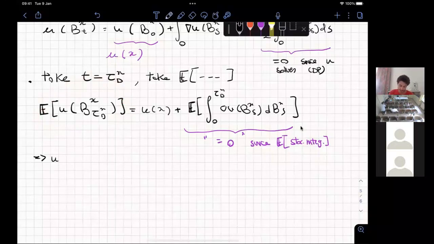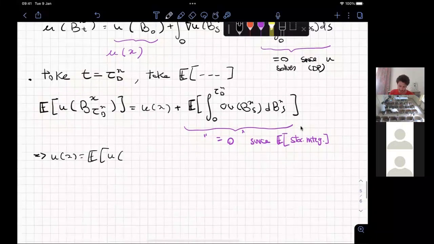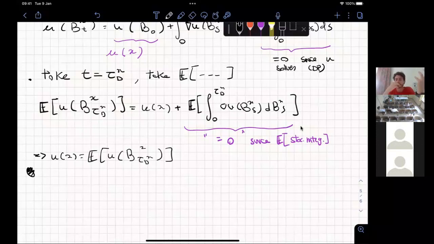So u(x) is equal to this expression here. This is cool, and this is what motivates us to look into solutions and try to relate the probabilistic representation and the Dirichlet problem in a stronger way. So now that we know that if there is a solution, then it should be of this form, why not try the opposite?